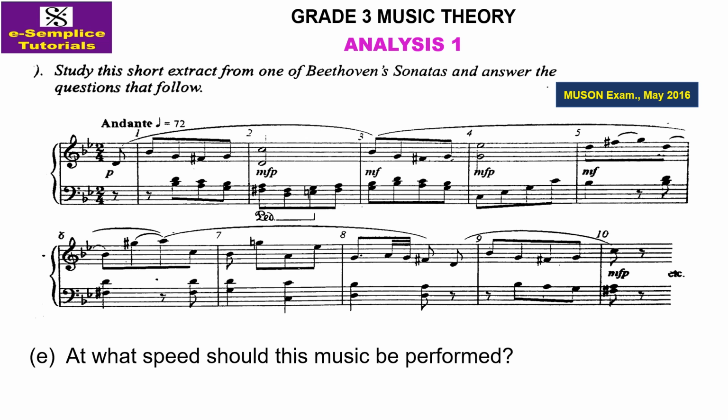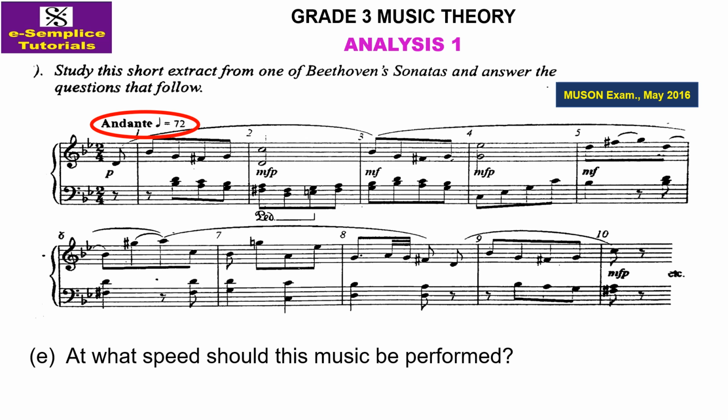At what speed should this music be performed? Now, an indicator to the answer is actually at the beginning of the music. As you can see, we have andante, crotchet equals 72.